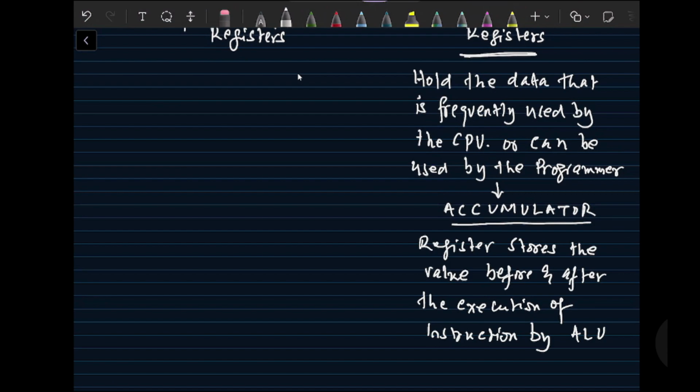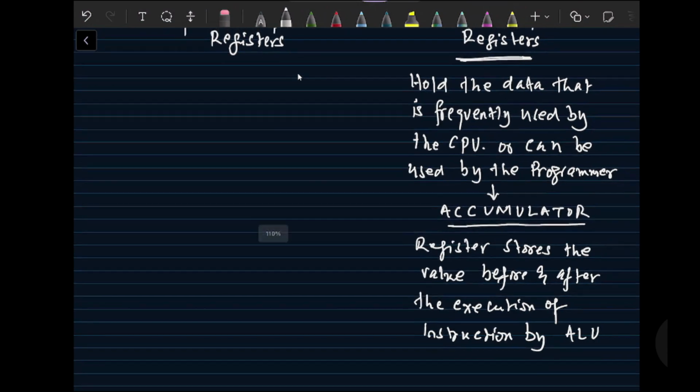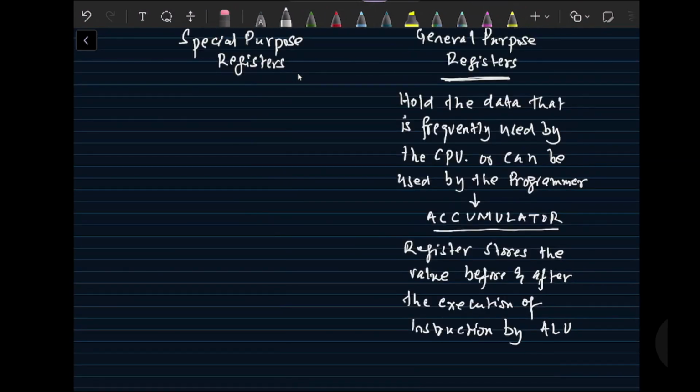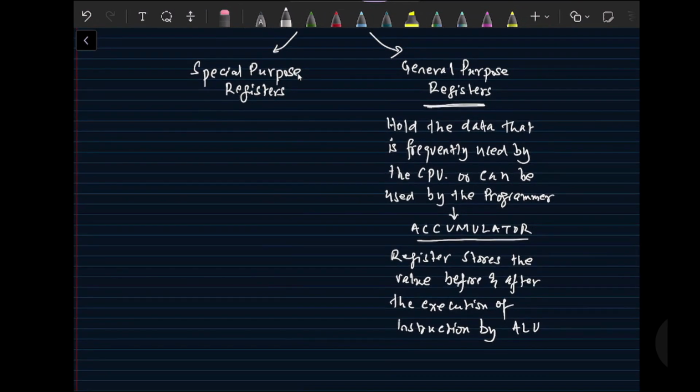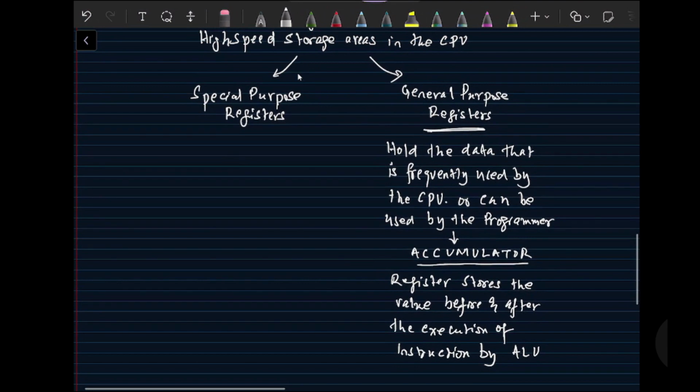So when any kind of instruction is being executed by the ALU, before and after, it will be stored into the accumulator. So this is the general purpose register.